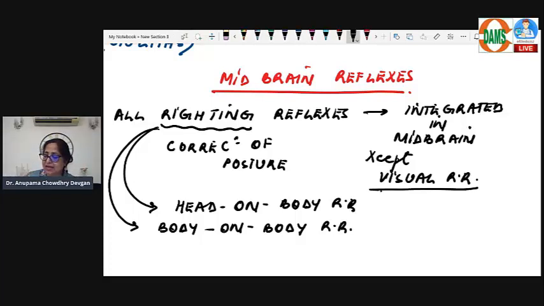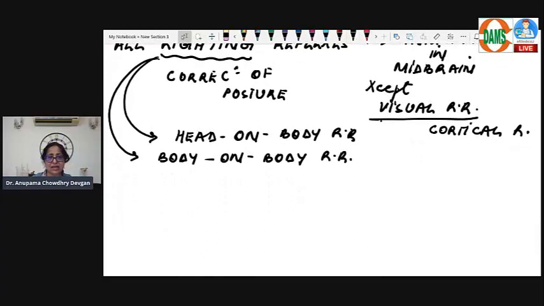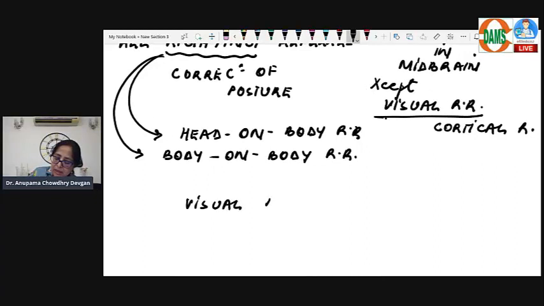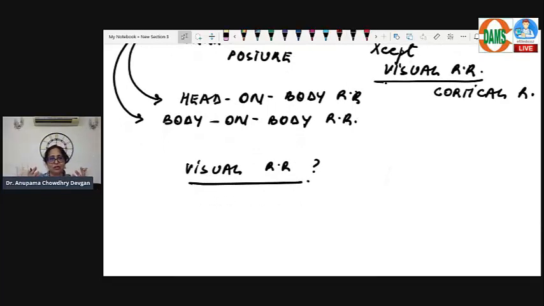The visual righting reflex is a cortical reflex, isn't it? A very interesting example of what a visual righting reflex is. This is correction of body posture based on visual input. For example, if you are in a well-lit room, with a lot of light, and you stumble against something, you are less likely to fall down because there is visual righting of posture.